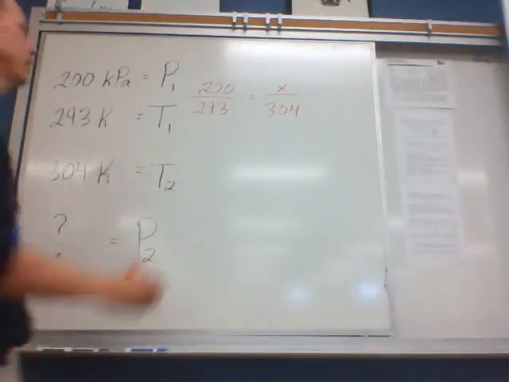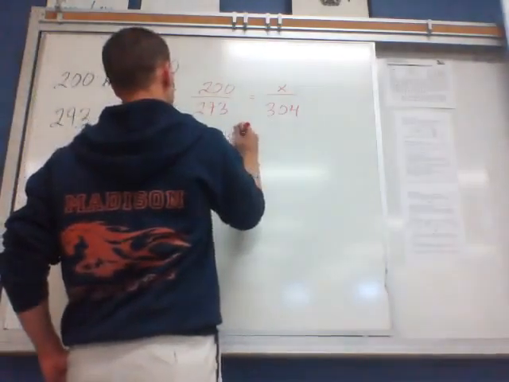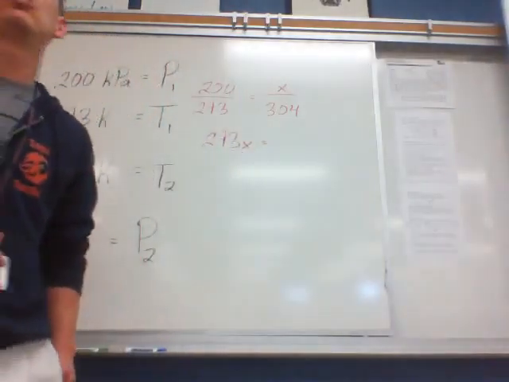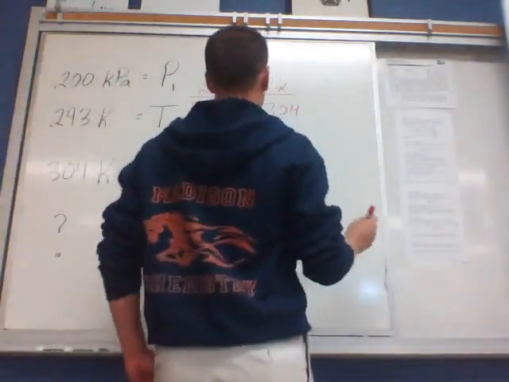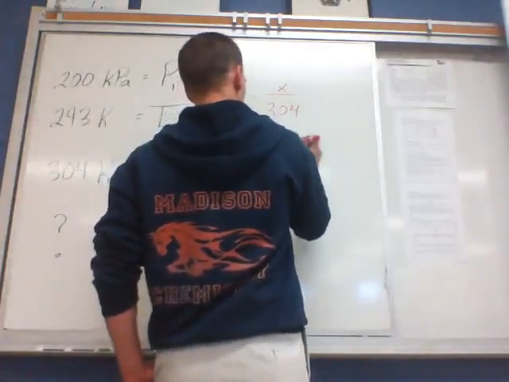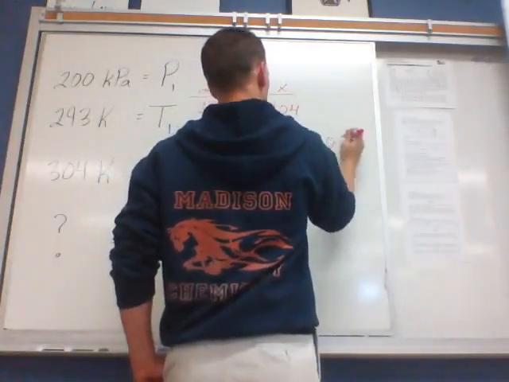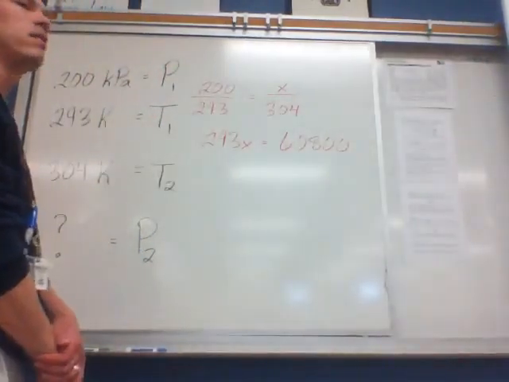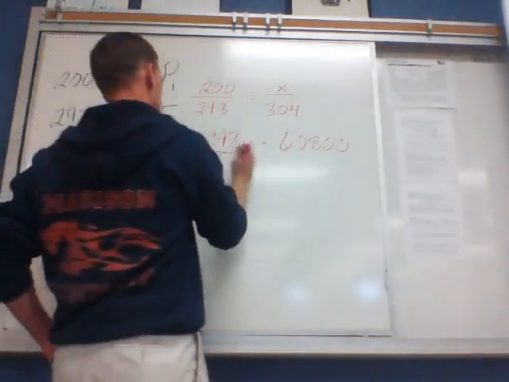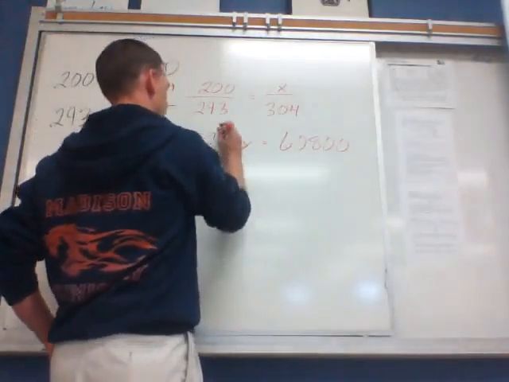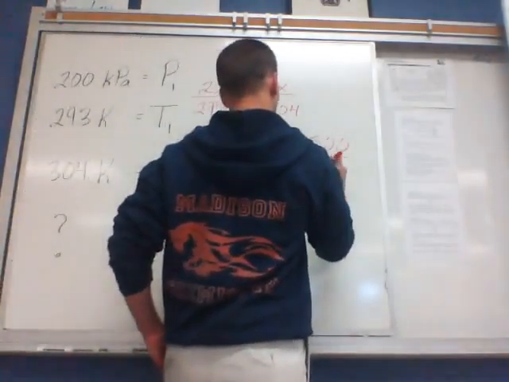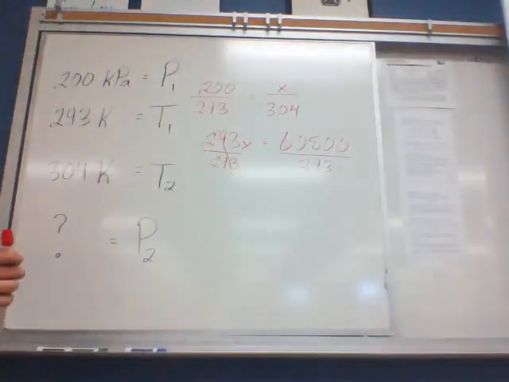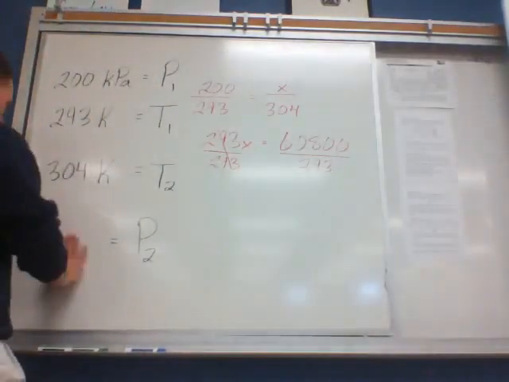Cross multiply: 293 times x is 293x. The other way, 304 times 200 is 60,800. Divide by the number connected to the x. And I believe you get 207.51, is that right?